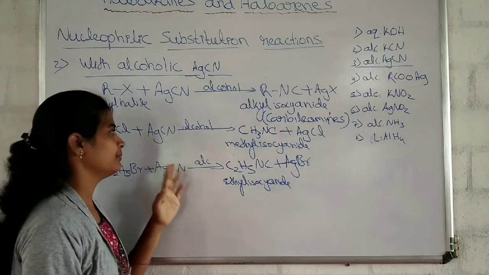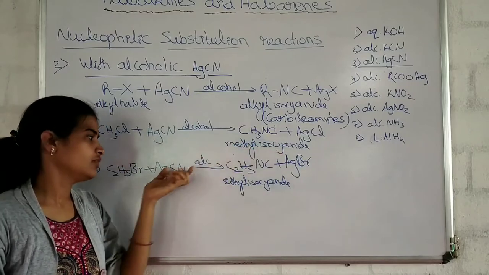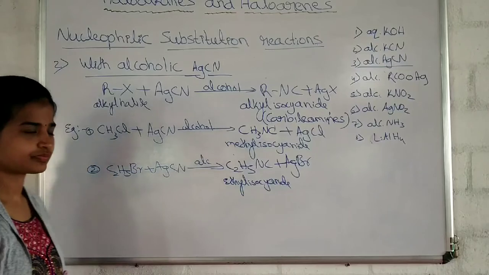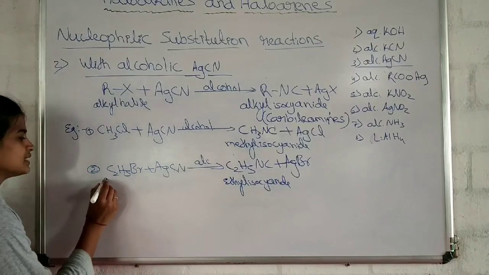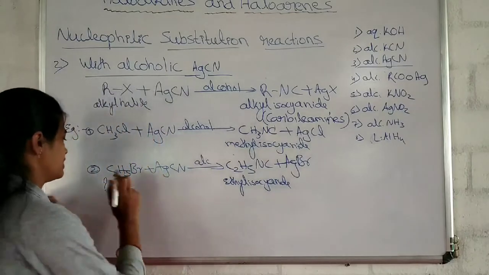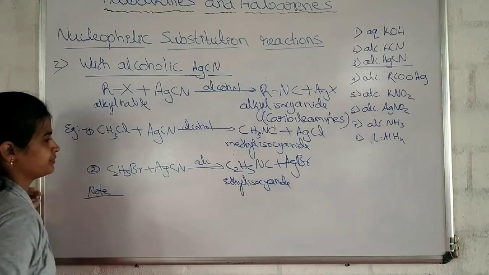Remember, when we use KCN here, we get a cyanide. When we use AgCN here, we get an isocyanide. What is the reason for this? Very important, isn't it? We'll write it as a note.